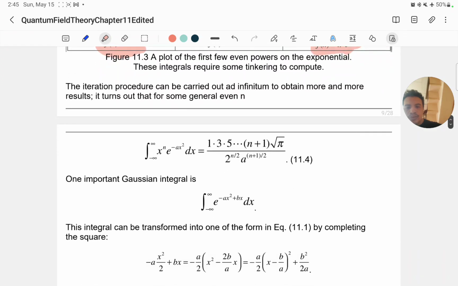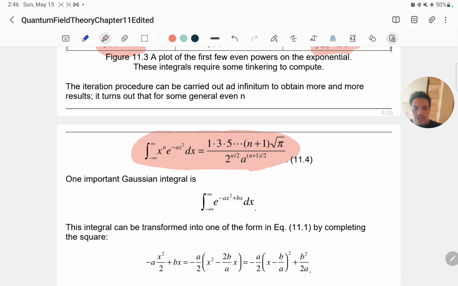So in general, if you do an iterative procedure, you will be able to get this expression. So for the integral of x to the n times exponential of negative a x squared dx, then you would get this expression.